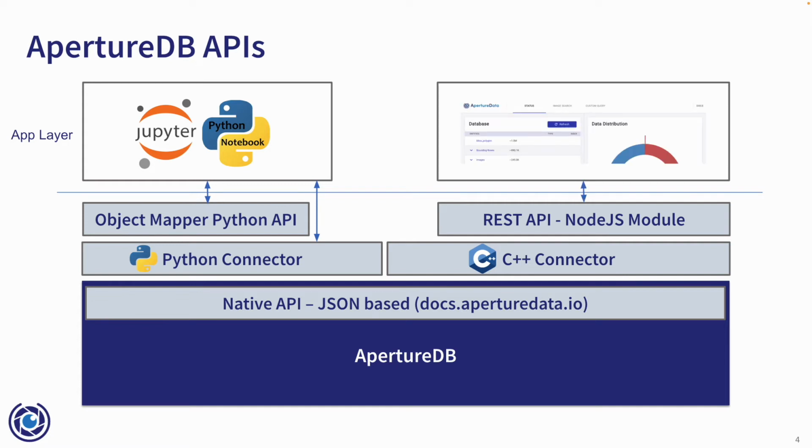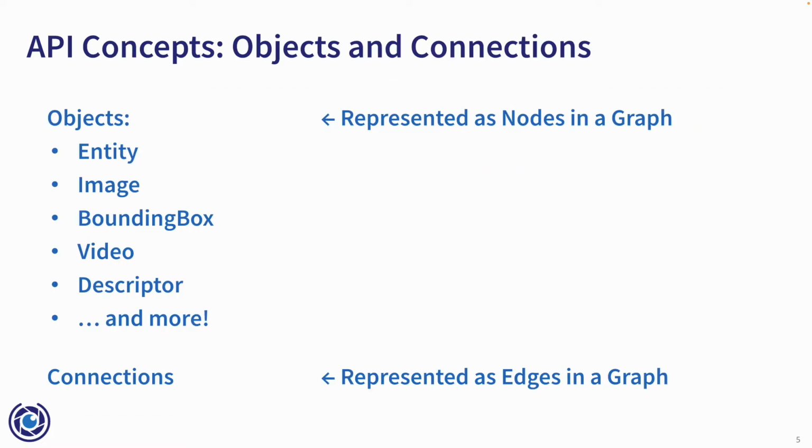Today we're going to be looking into our WebUI, which uses the REST API to run queries on ApertureDB. And of course you can always write your own application that uses either the Python or C++ connector to interact with and query ApertureDB directly.